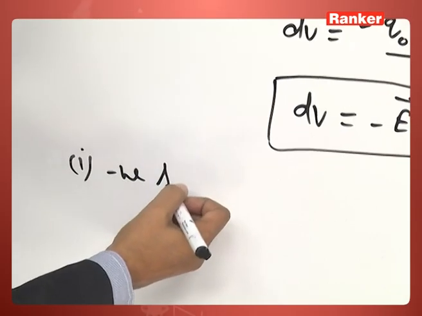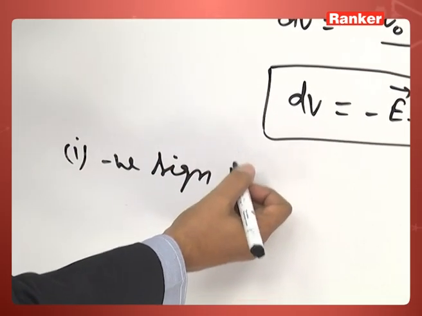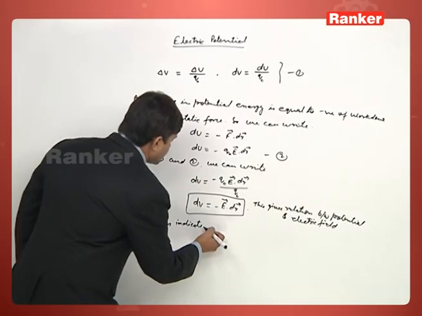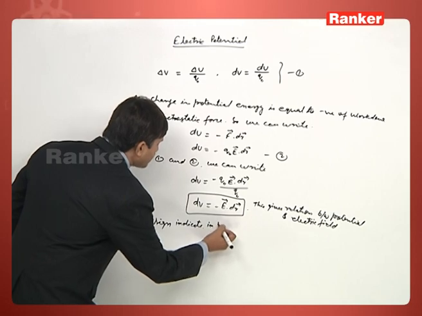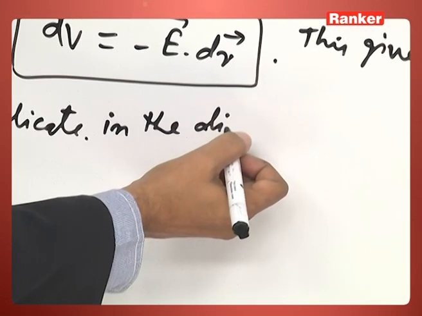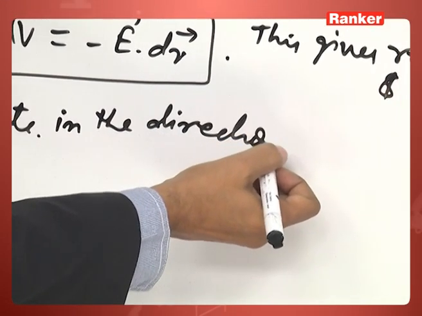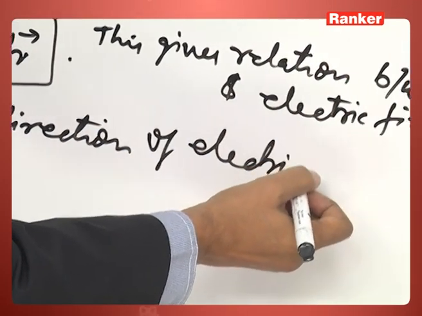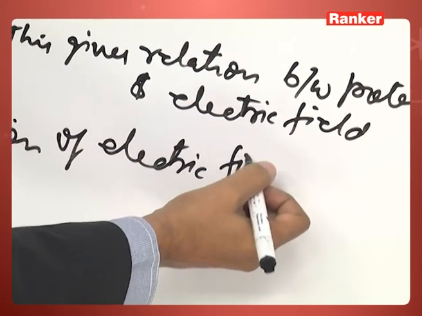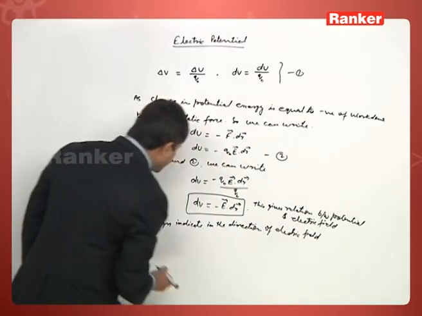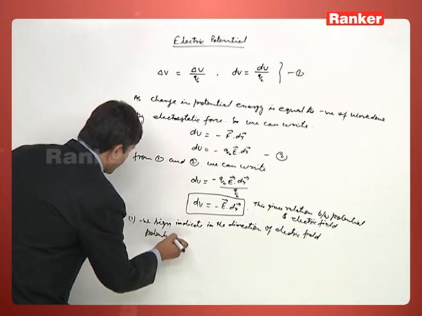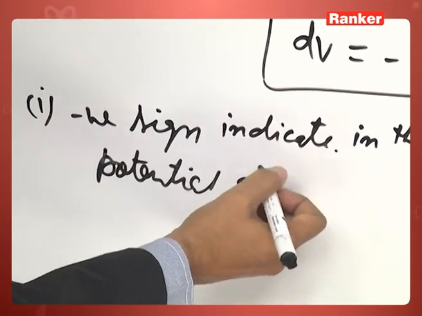So, negative sign indicates in the direction of electric field, potential decreases.